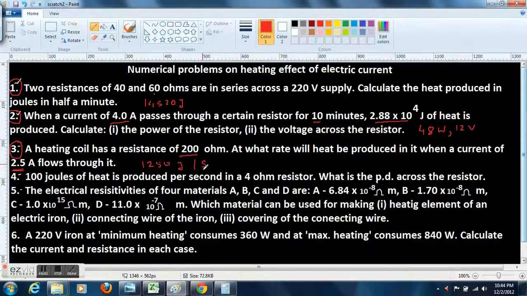Question number 4. 100 joules of heat is produced per second in a 4 ohm resistor. What is the potential difference across the resistor?